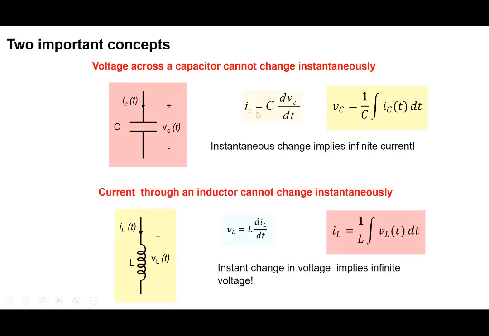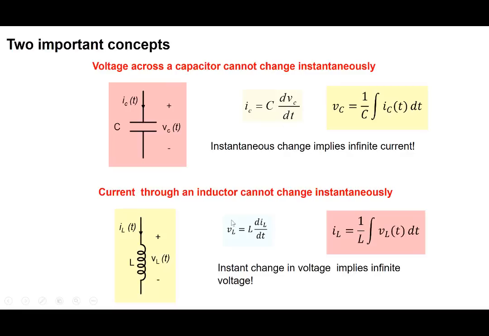The other thing was, from the relationship I equal to C dV by dt, we can see that because of finite currents in the circuit, there cannot be an instantaneous change in the voltage across a capacitor. So voltage across a capacitor is continuous; there cannot be abrupt changes.